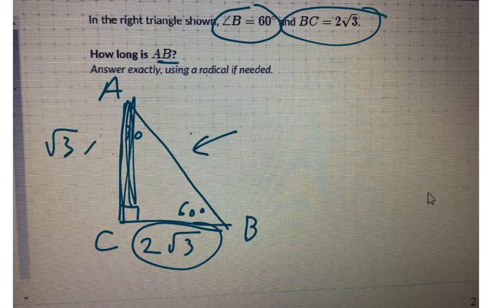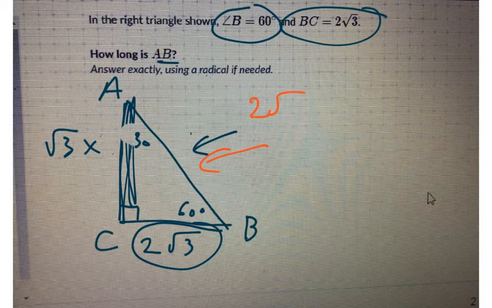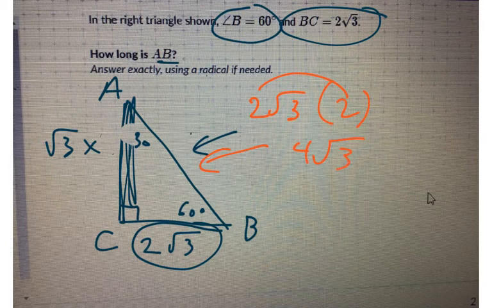This will be the square root of 3 side. Okay, sorry, I got a little messy there. And so therefore, we know that the hypotenuse, this side right here, is going to be 2 square root of 3 times 2. It's going to be twice as big. And 2 times 2 means 4 square roots of 3.